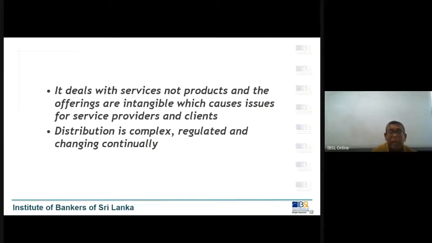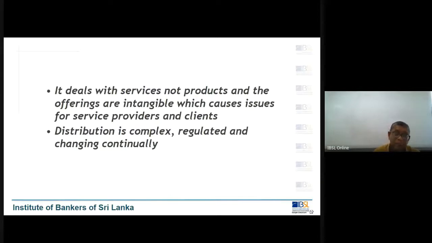Next, another factor why financial services are a little different. It deals with services, not products. Products are tangible, and services are intangible. We are going to discuss a little later on what is intangible and tangible. Services are very intangible, which causes issues for service providers and clients, where you can't see.